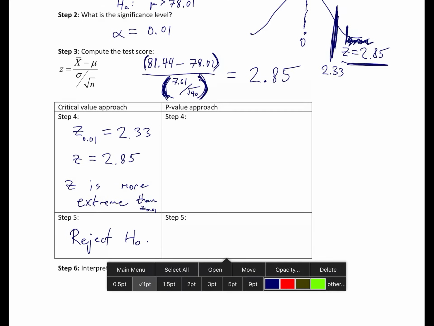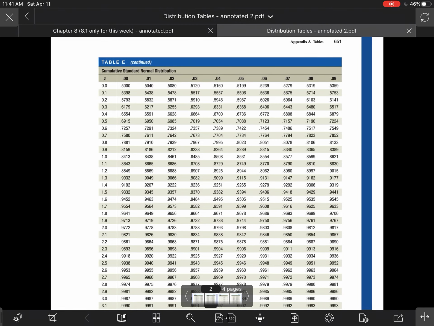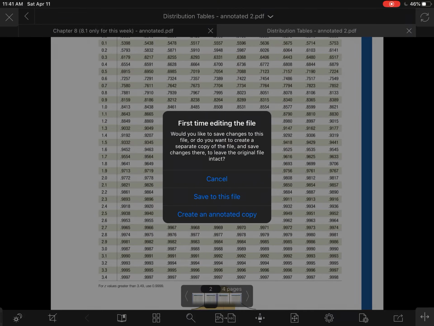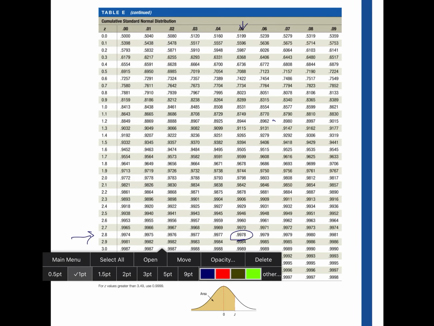So first, what we want is we want to look up the area to the right of 2.85. And to do that, I'll pull up the table. We want the area to the right of 2.85, so I would come over here to the 2.8 row and the 0.5 column, and those intersect here. So I get a 0.9978. That means that the area to the left is 0.9978.